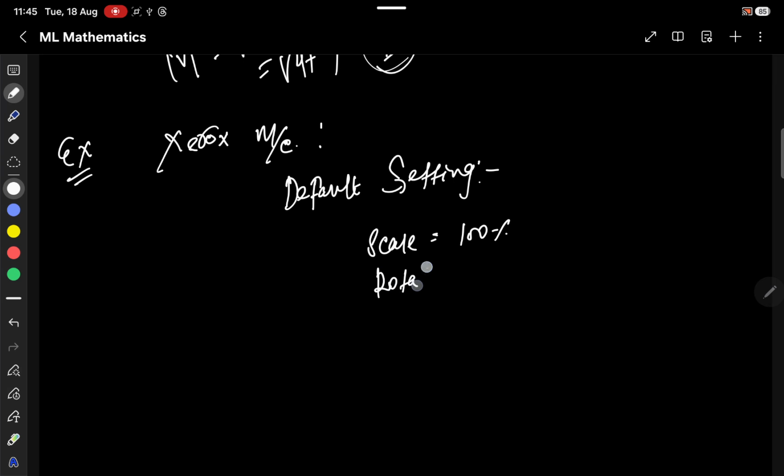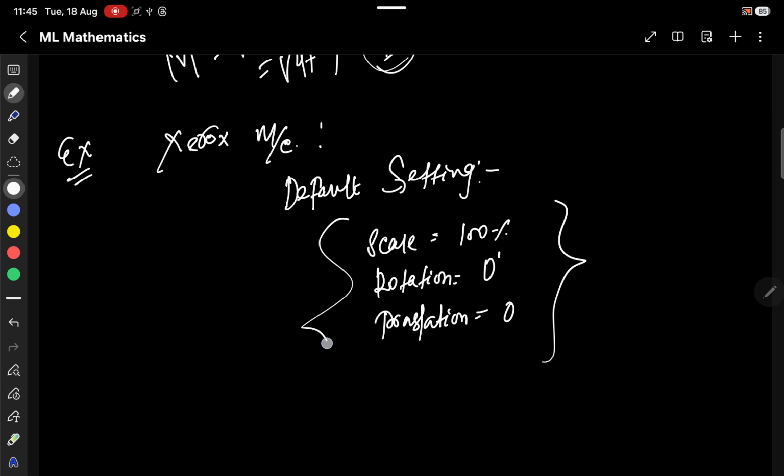Rotation should be 0 degrees, obviously you don't want to rotate your image while photocopying it. Translation should also be 0, so nothing is shifted. I'm not changing anything, because that 100% scaling is what happens. So the identity matrix means nothing, literally nothing.